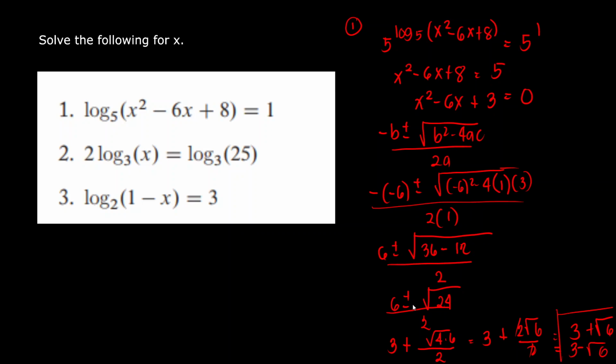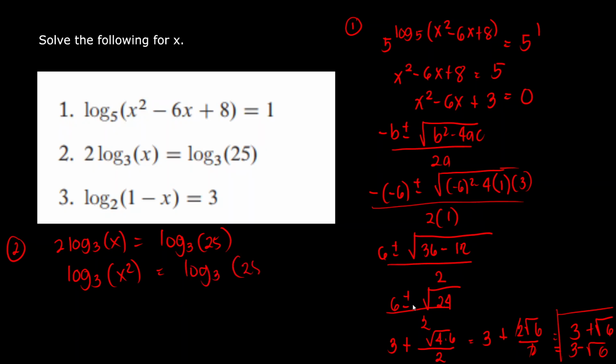Okay, next. Sa number 2 naman, 2 logarithm of 3 of x equals log 325. So, ang pwede nating gawin, pwede nating iakyat dito as exponent. So, log 3x squared is equals to log 325.